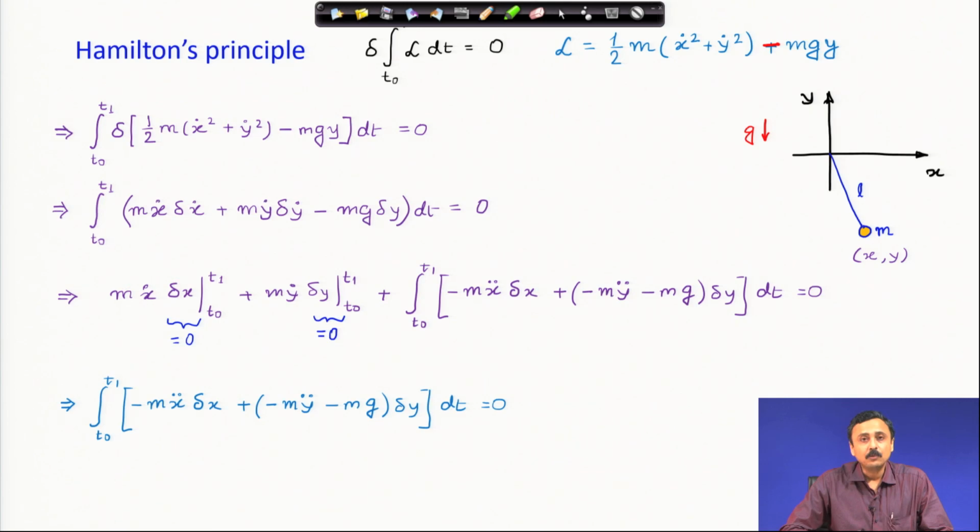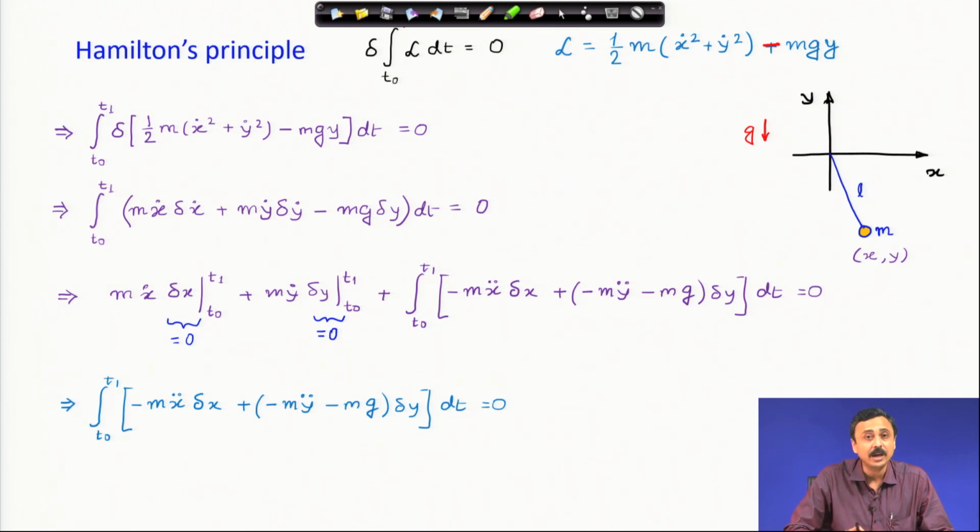Now, what was our standard argument from here? Our argument was that the virtual displacements are arbitrary. But when we are talking in terms of physical coordinates where we can have constraints, actually we do have constraints.